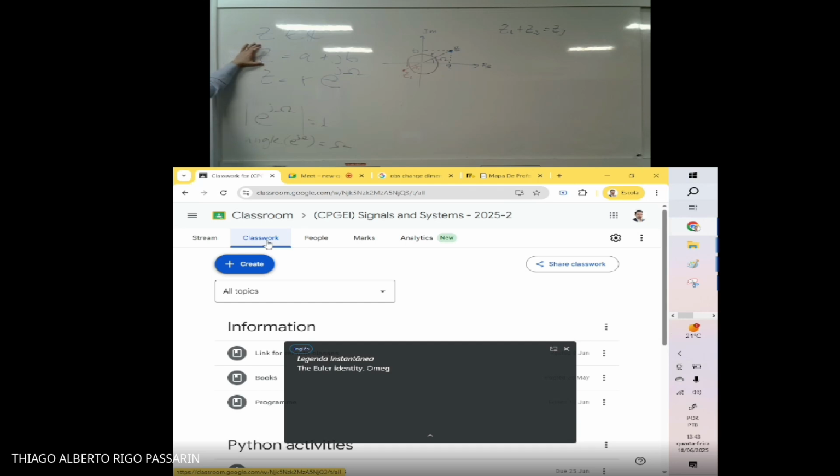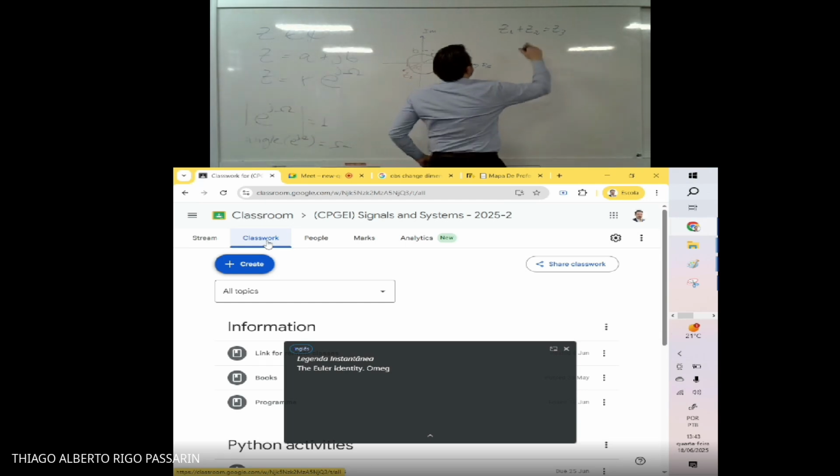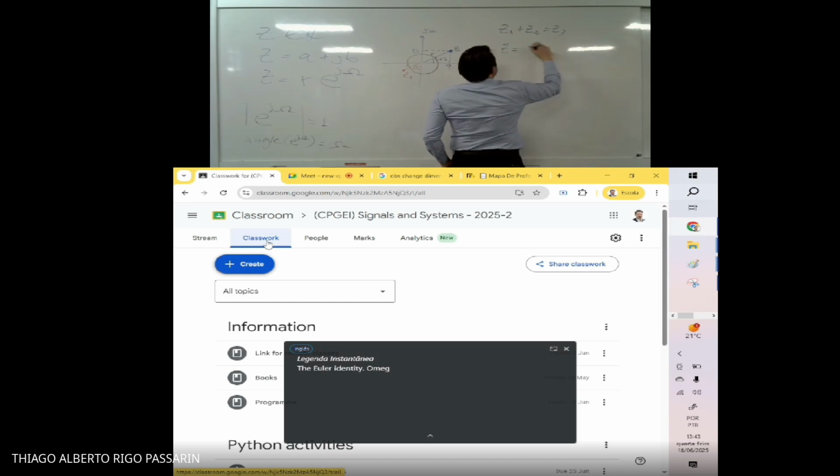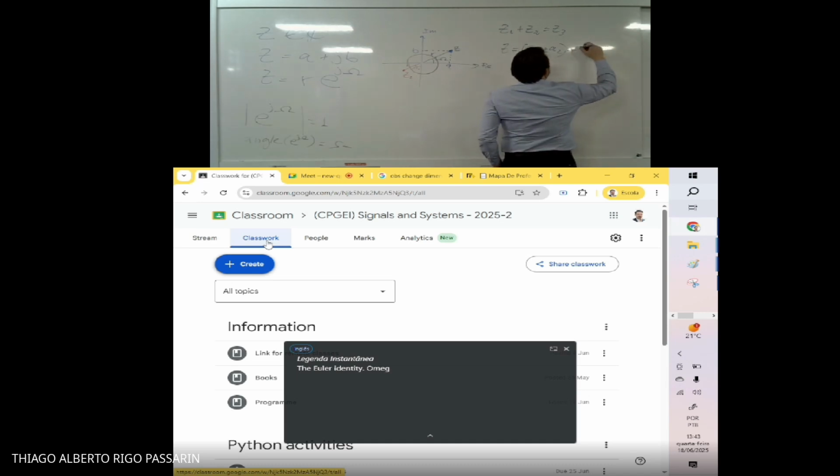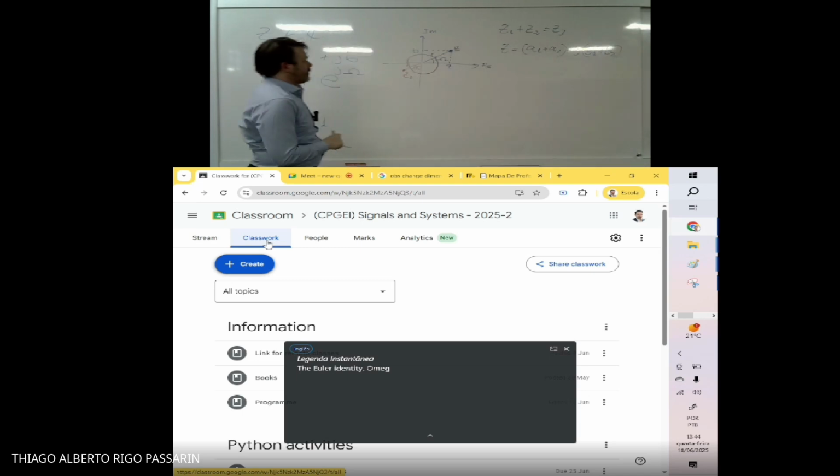Using Cartesian or polar coordinates? Cartesian, because then you have Z3 equals A1 plus A2 plus J B1 plus B2. It's quick and straightforward.